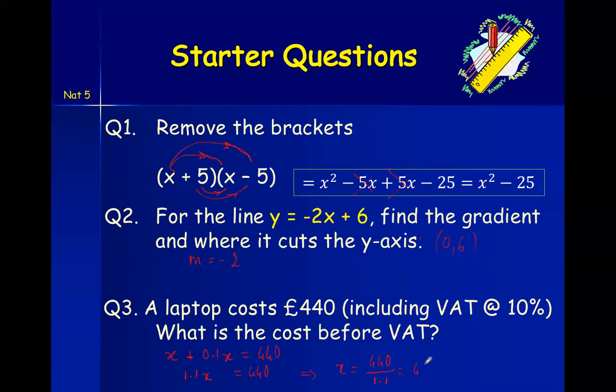That is 400. So before that, the cost was 400. When you include VAT, which is 10% in this case, you include £40. 10% is just dividing by 10. And that's how you find that, by using algebra. Some people would say, oh, that's 110% of the price. Okay.